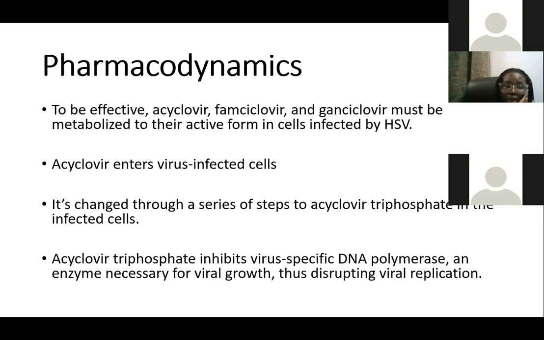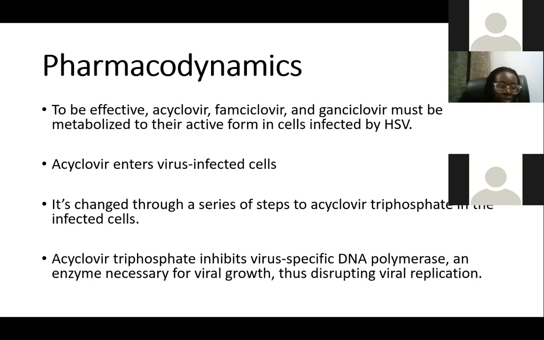So how do they work? When they are taken in, they get into the virus-infected cells, and when they are converted to the active form, it inhibits DNA polymerase, and that is how they are able to disrupt viral replication, and then they halt the viral growth.